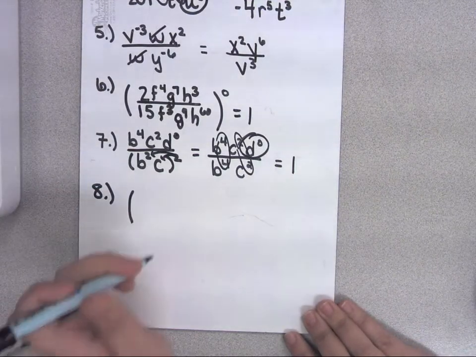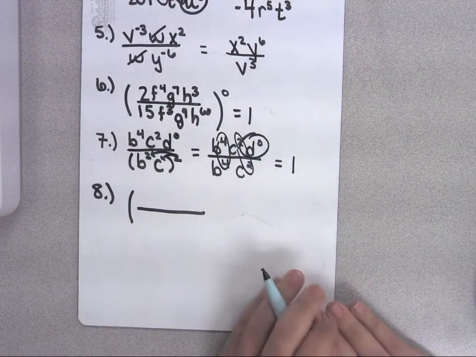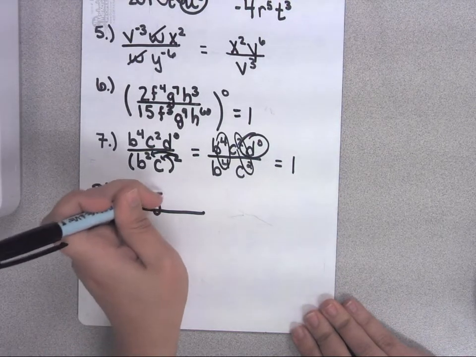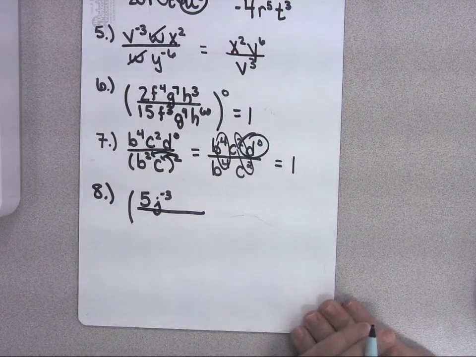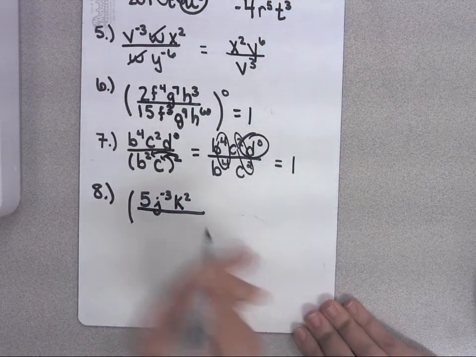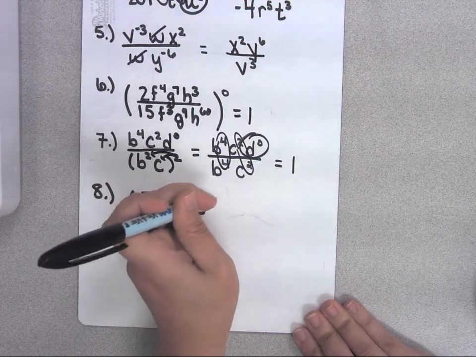Parentheses. Fraction. Top of the fraction is 5 J to the negative third, K squared, M to the negative sixth.